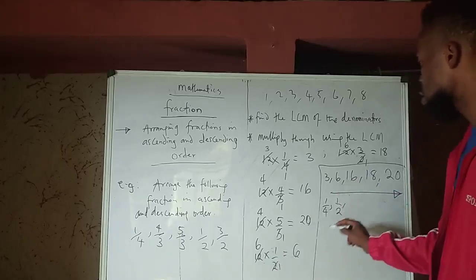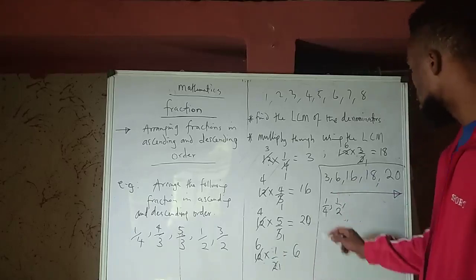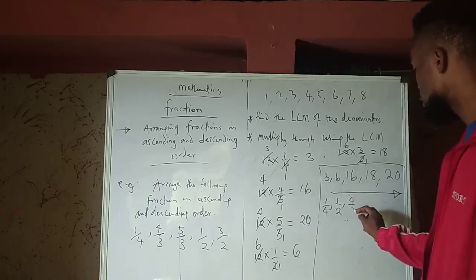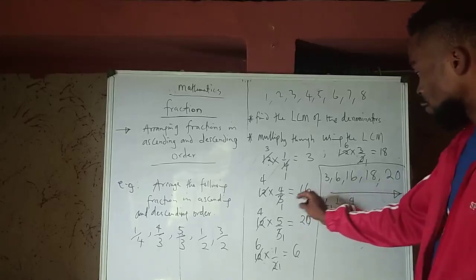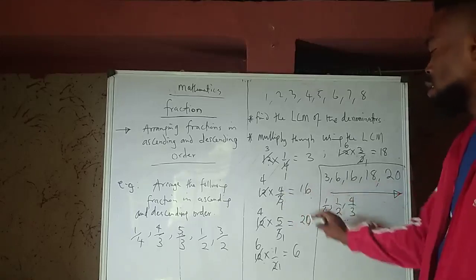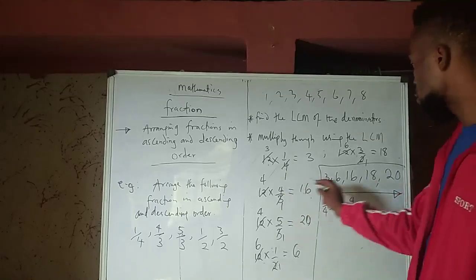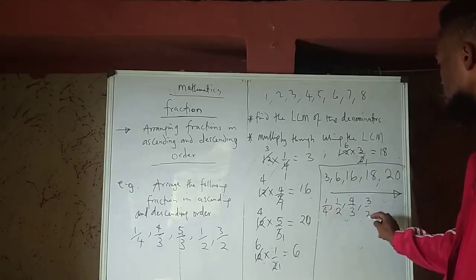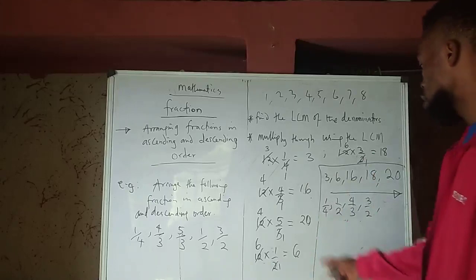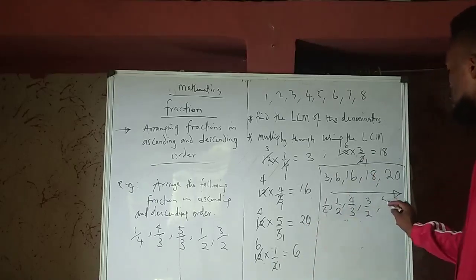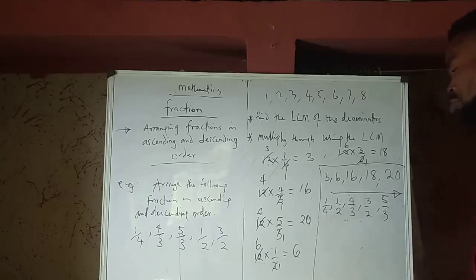Then the next one is 16, which is 4 over 3. It was 4 over 3 that gave us 16. Then the next one is 18, which is 3 over 2. And then the last but not the least is going to be 5 over 3.